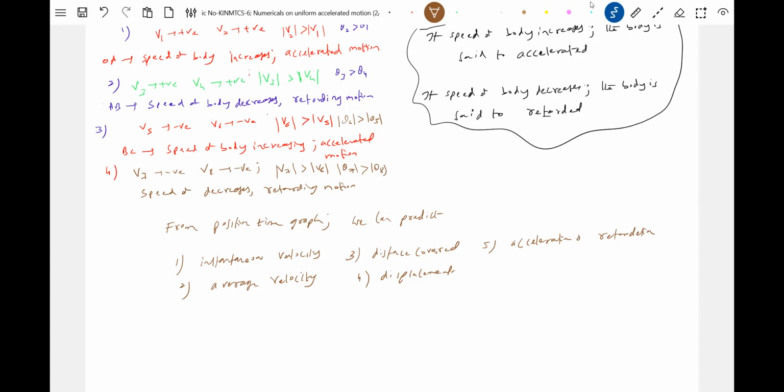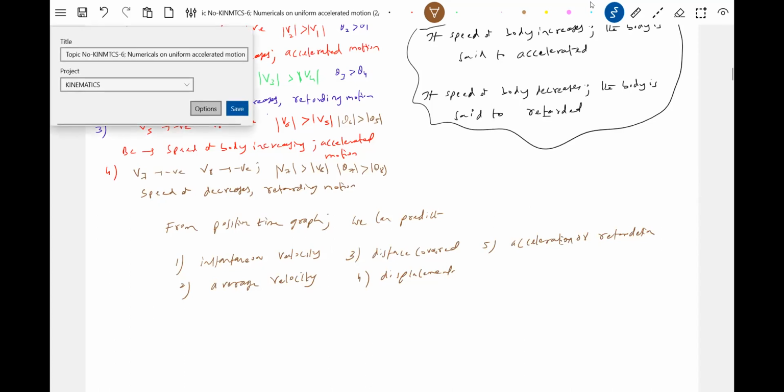So this much wide information is available from these graphs. Let me save it.